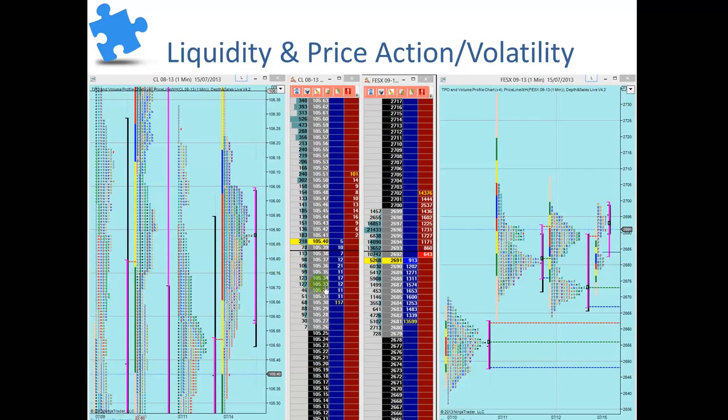So all it takes to know how liquid a market is, and to predict how volatile your market is going to be on any day, is to take a look at the DOM once every 15 minutes. Get a feel for what level of liquidity is typical, and be prepared for the price action to change as the liquidity changes.